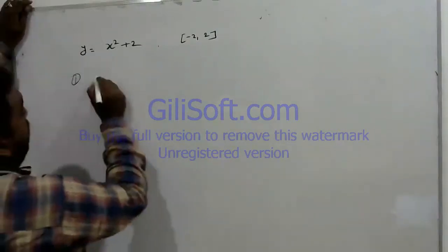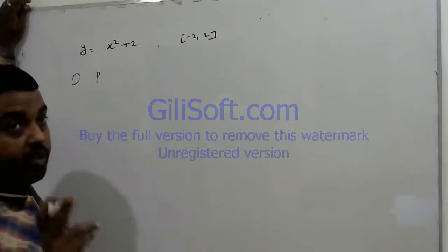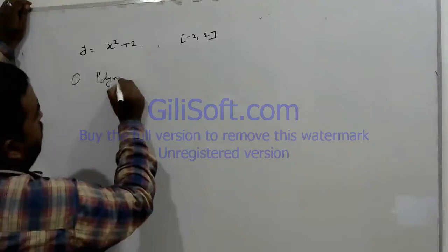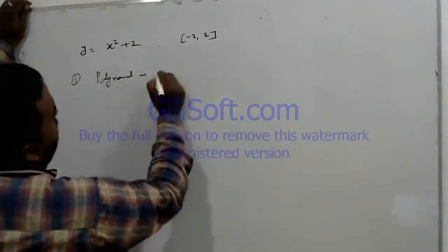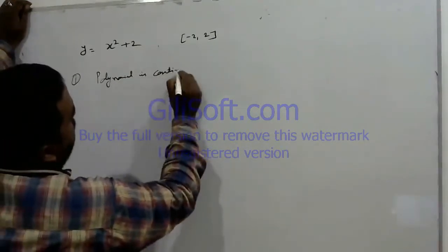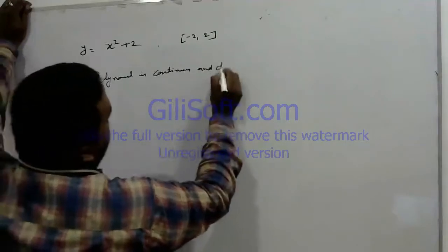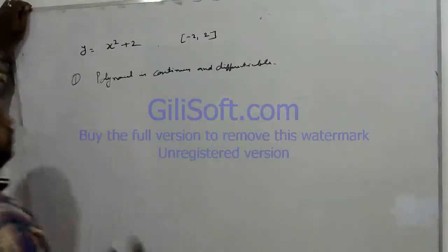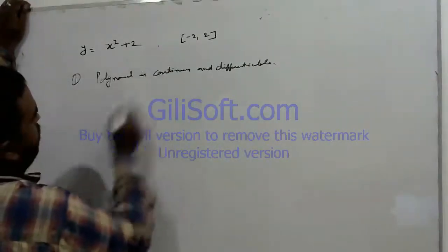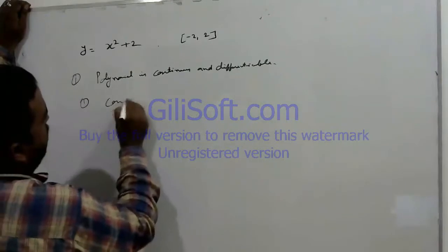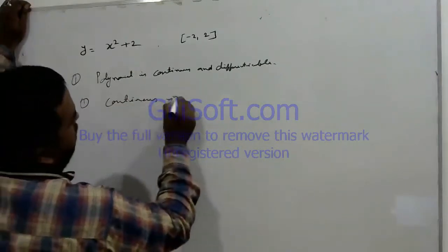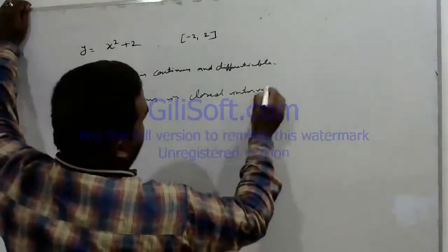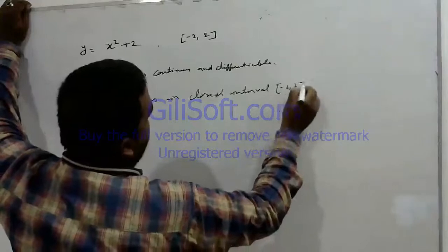So polynomial, we know that a polynomial is continuous and differentiable. So it satisfies the first two conditions, means continuous in the closed interval minus 2 and 2.